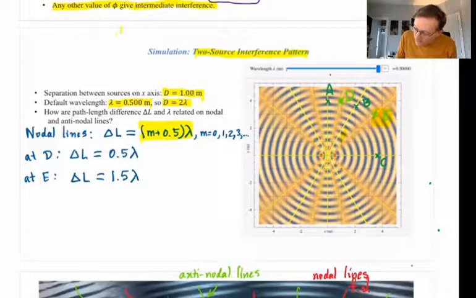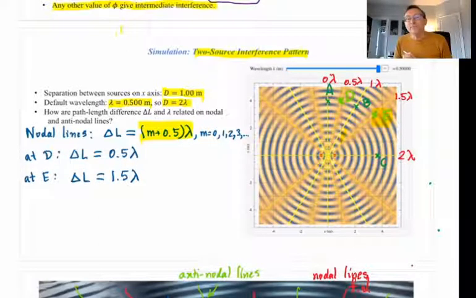Right? 0 lambda, 0.5 lambda, 1 lambda, 1.5 lambda, 2 lambda. Okay? And that's as far as you can go in terms of the delta L. You can't get any bigger than 2 lambda for this wavelength. Just like the water interference pattern I showed you in the photograph.